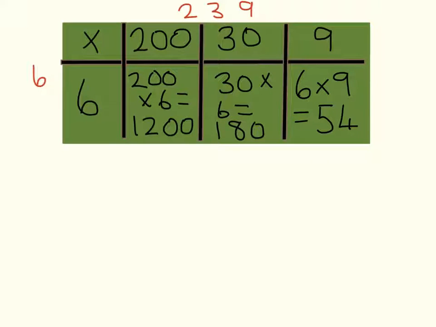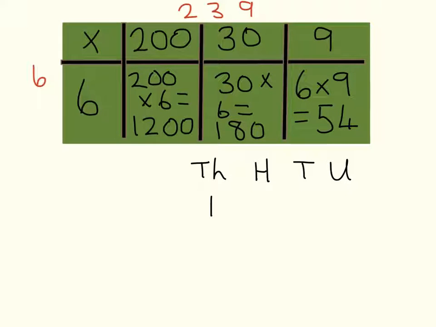Now we've finished multiplying each part of the grid, we need to add together each answer. So each one of the answers to the multiplication questions. If you need to, you can use place value column headings to help you set out the numbers. So thousands, hundreds, tens and units. The first number is 1,200.